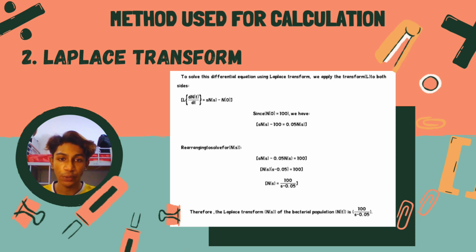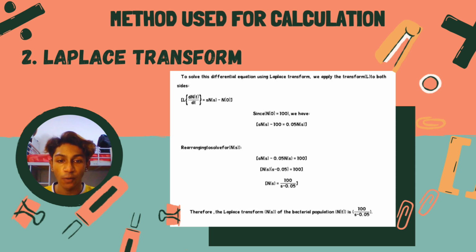To solve this differential equation using the Laplace transform, we apply the transform L to both sides. L of dN(t)/dt equals s N(s) minus N(0). Since N(0) equals 100, we have s N(s) minus 100 equals 0.05 N(s). Rearranging, s N(s) minus 0.05 N(s) equals 100. Simplifying, we get N(s) equals 100 over s minus 0.05.